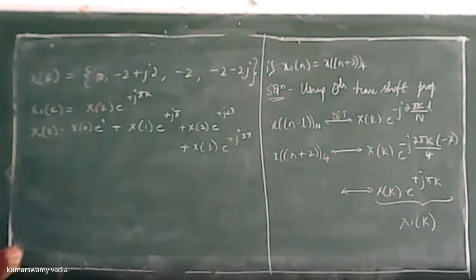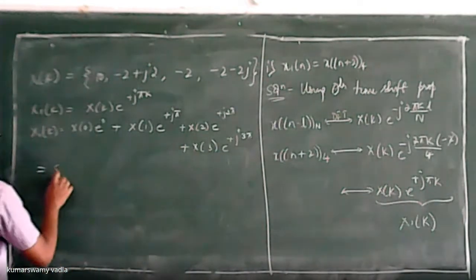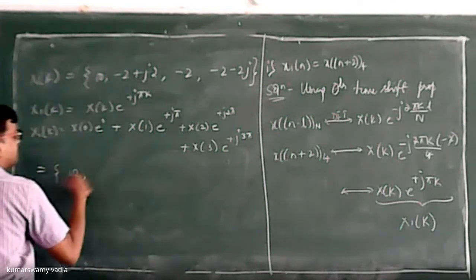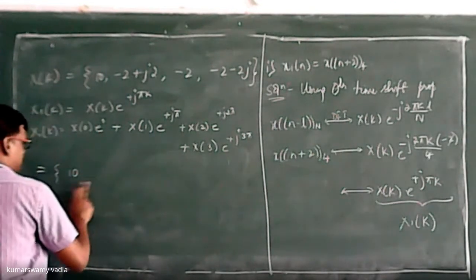Now what is X of 0, friends? Here this is 10. What do you get next?